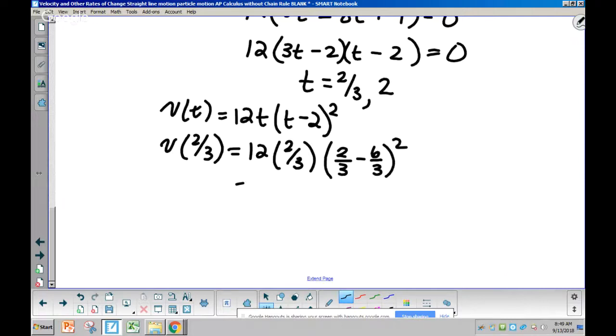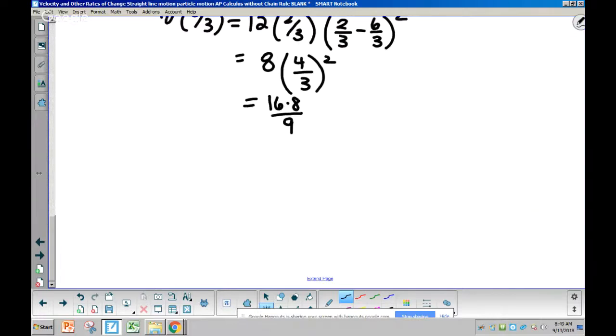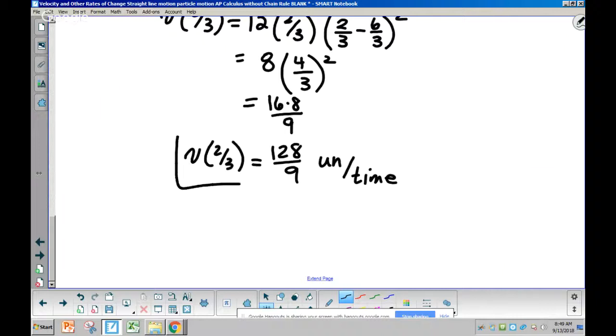So this is going to be 24 over 3, which is 8, times 4/3 squared, which would be 16 over 9, which is 128 over 9. And did they give us any units here? They don't, so I would say units per time, because they didn't give us any units. So this is v of 2/3, and that would be your answer to part D.